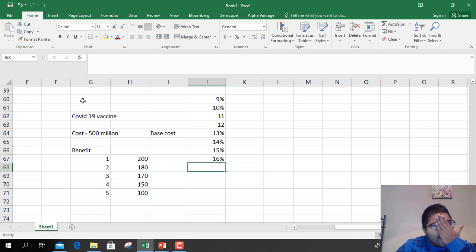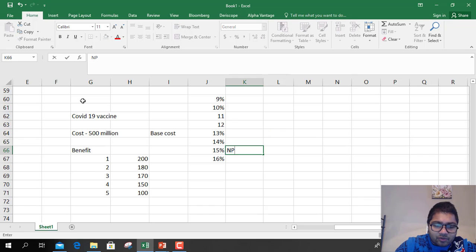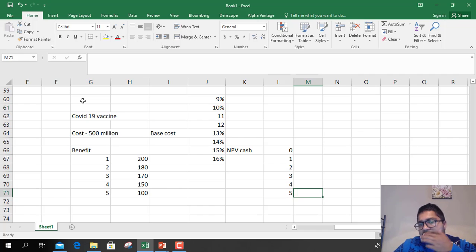So we want a chart of what the NPVs would be at different interest rates. So how to solve this? So first things first, we always create an NPV cash flow profile. So the NPV cash flow profile is inflows. First we note down years. So 0, 1, 2, 3, 4 and 5.